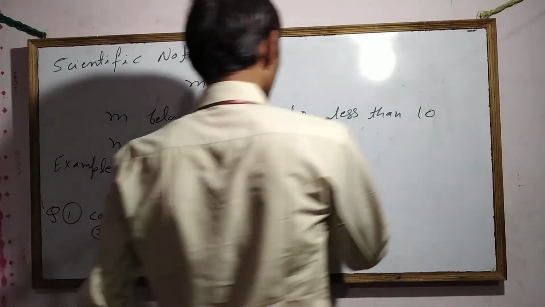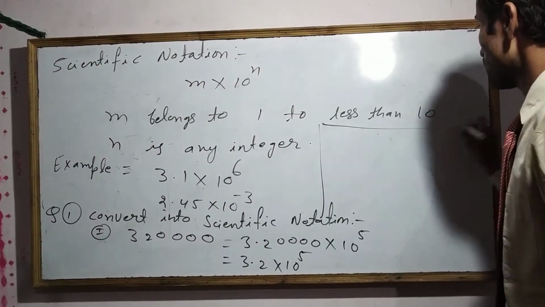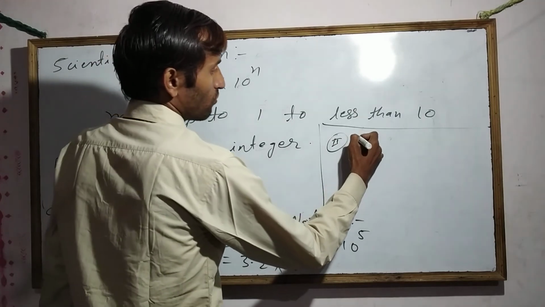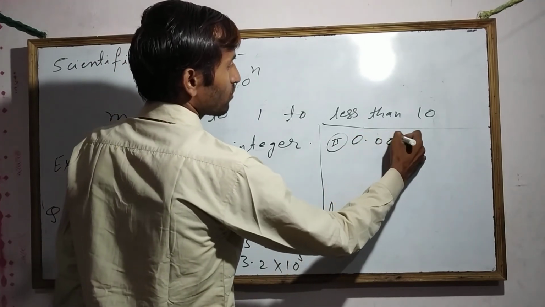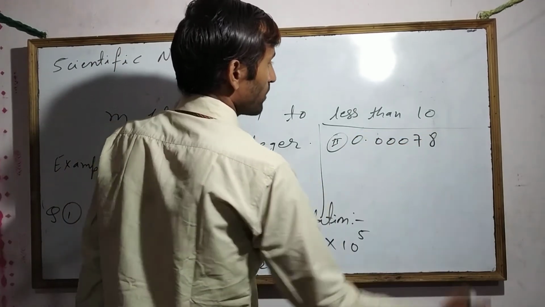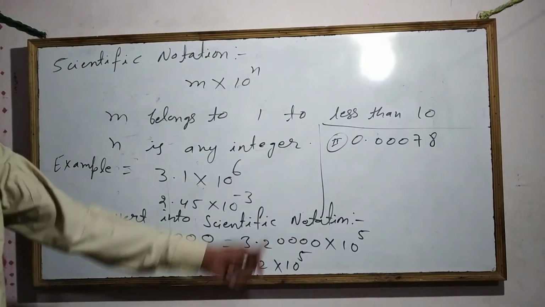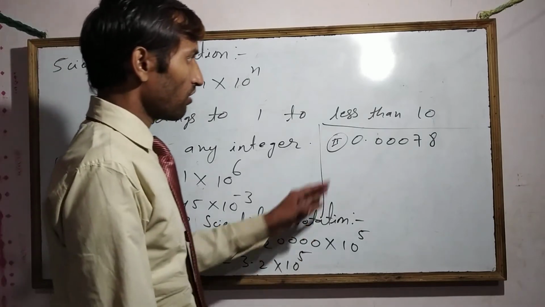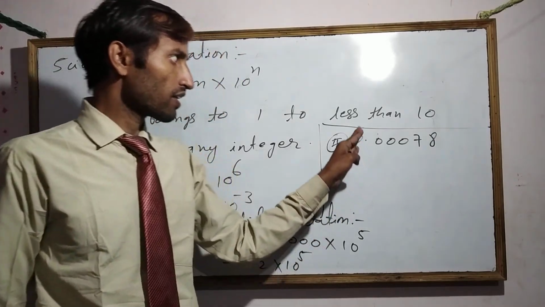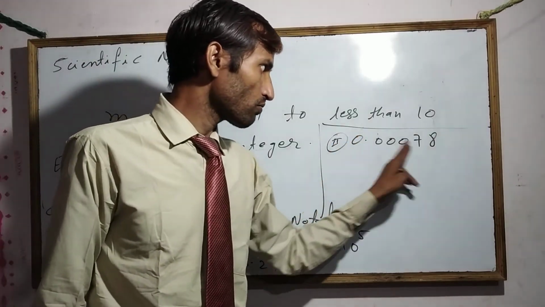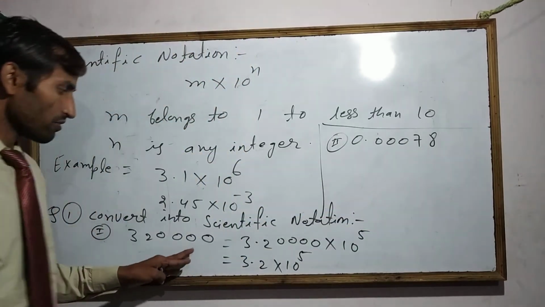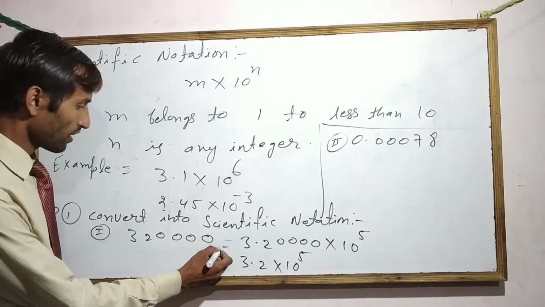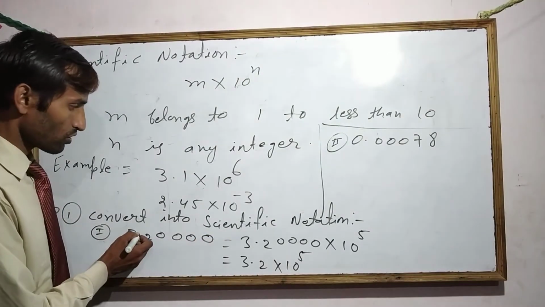Now I will take another example. Second part: 0.00078. We have to convert this decimal number into scientific notation. Now the point is on this side, and we have to shift the point to this side. In the previous question there was no point shown, meaning the point was at the end, and I shifted it left.